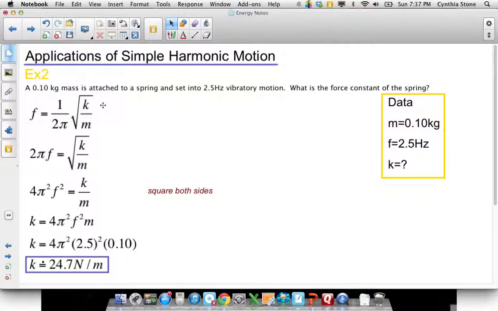Really this question is just a rearranging question, right? So I multiply both sides by 2 pi, square both sides to get rid of the square root symbol, and then multiply both sides by m, sub in the numbers, and we get a number in newtons per meter, and that's a pretty regular number we would use, about 25 newtons per meter.